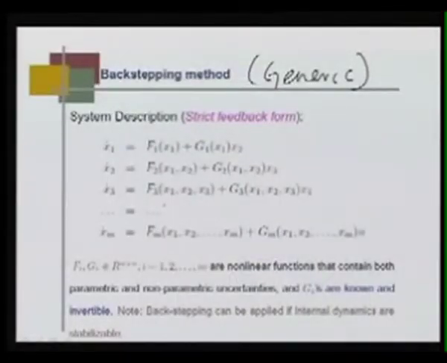The general notion of backstepping is that the system description must be in strict feedback form. What is the strict feedback form? It means x1 dot is f1(x1) plus g1(x1) x2. For the moment, just assume each element is simply a scalar differential equation.